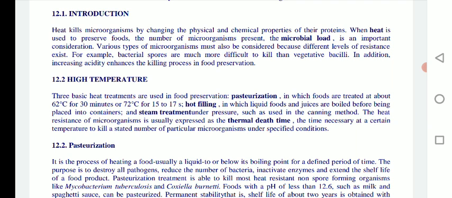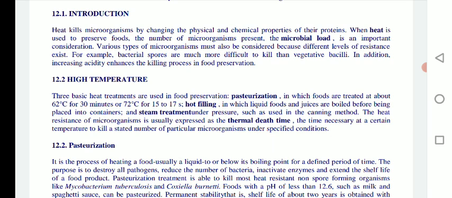The extent of heat and time of application of heat depends upon the microbial load present in food, and various types of microorganisms must also be considered because different levels of resistance exist. For example, bacterial spores are much more difficult to kill than vegetative bacilli.